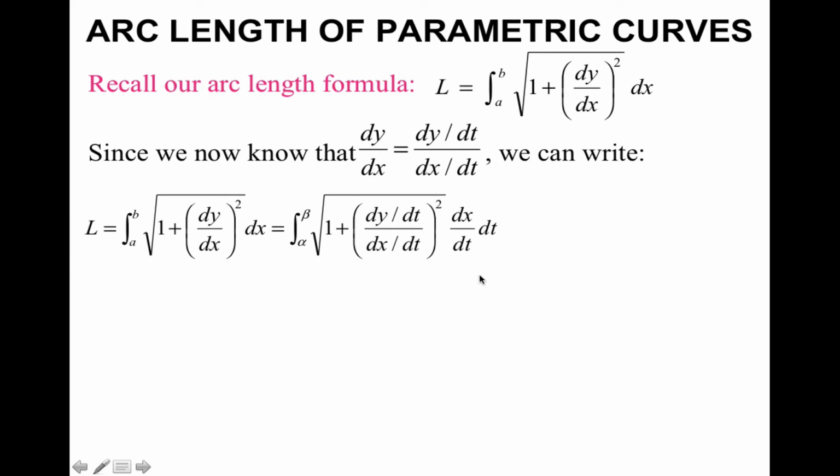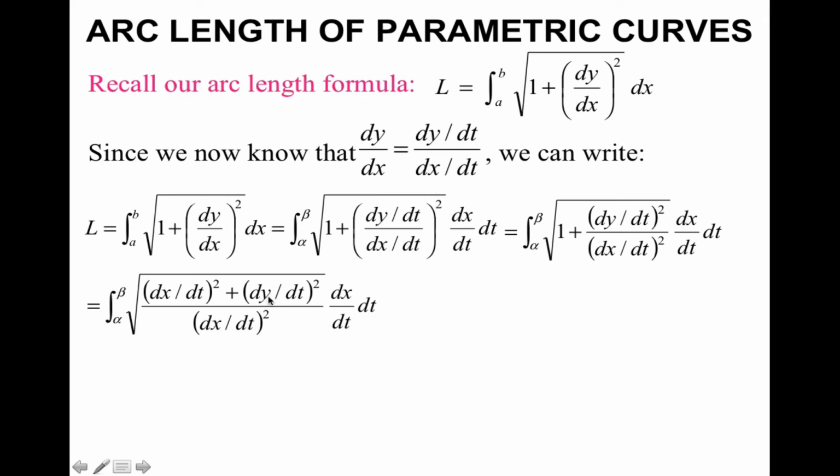Now I'm going to do some simplifying to make this a little bit easier. So I can distribute the power of 2 through using my exponent properties and find a common denominator. So I have dx dt squared plus dy dt squared on the top all over dx dt squared.